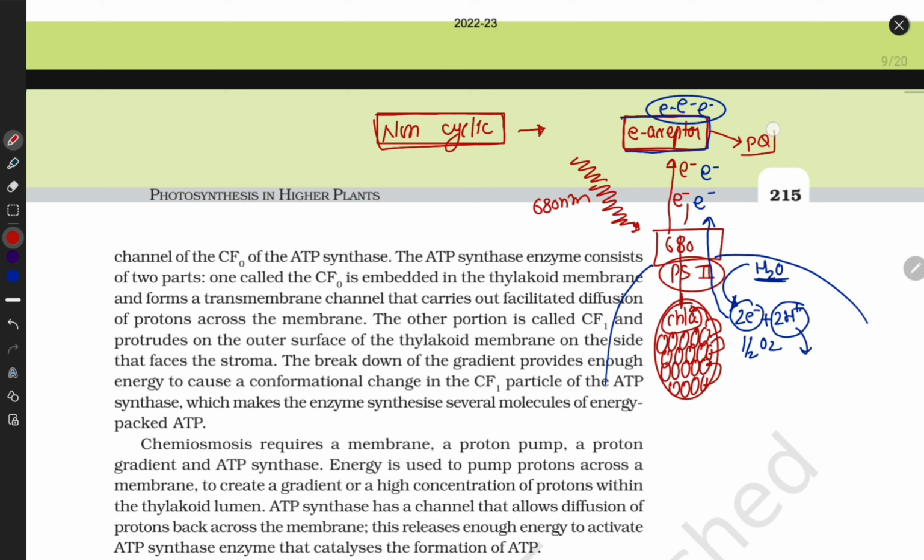Now after plastoquinone accepts the electrons, plastoquinone passes its electrons towards cytochrome b6f, and at cytochrome b6f, what do they produce? They produce ATP from ADP. They produce ATP, guys.